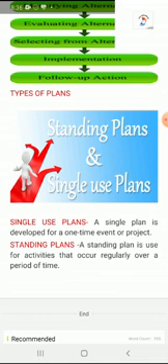Single use plans are suitable for short-term duration. Standing plans are suitable for long-term duration. The last difference is that single use plans are formulated by lower level management and standing plans are formulated by higher level management.